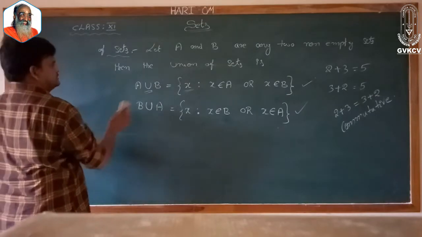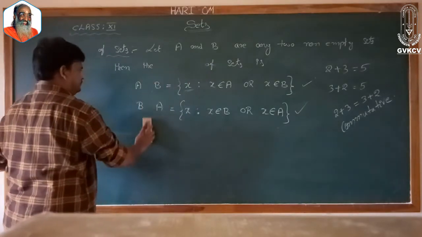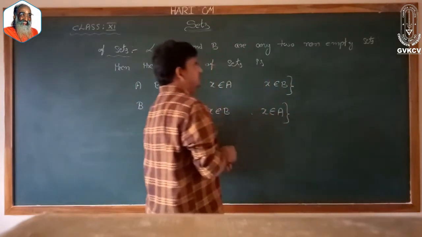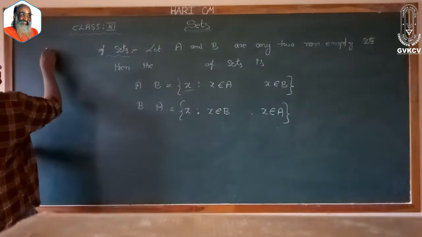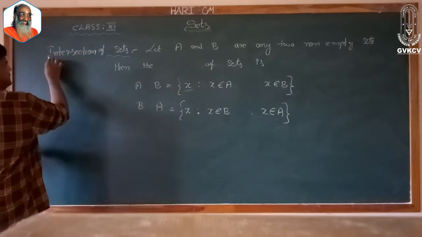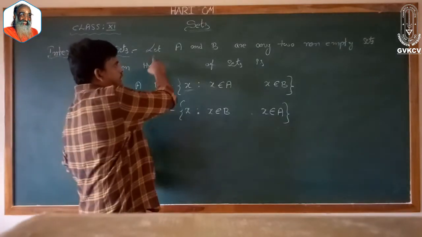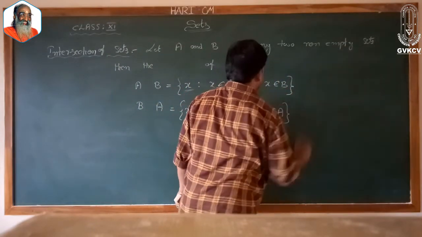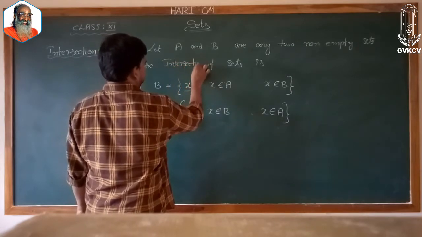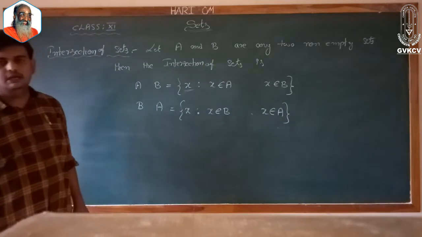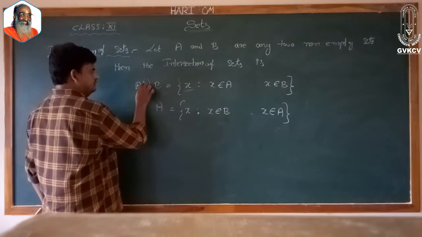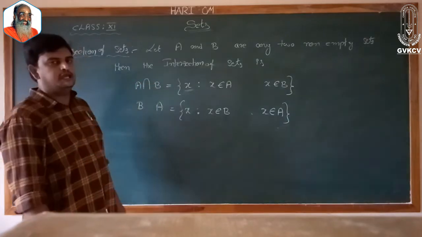Now coming to the intersection of sets. What is the meaning of intersection of sets? Let A and B be any two non-empty sets, then the intersection of sets is A intersection B. This is the symbol for intersection.